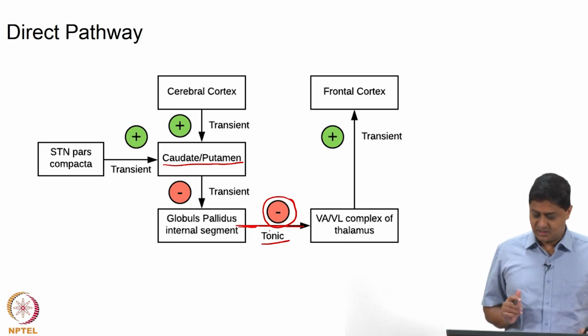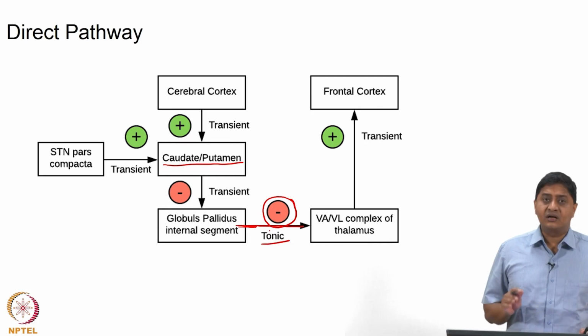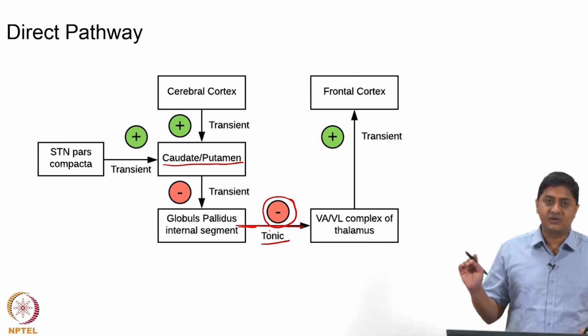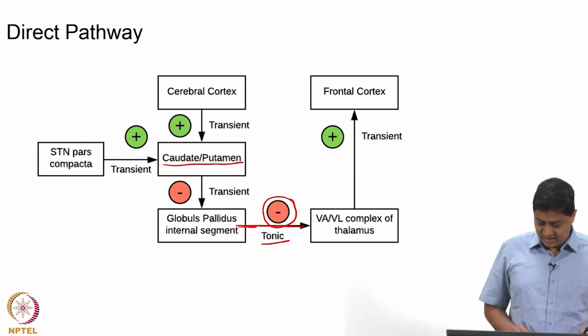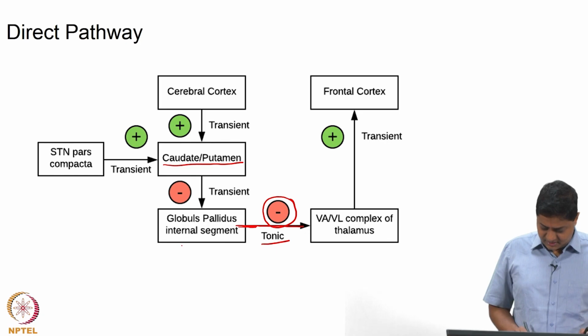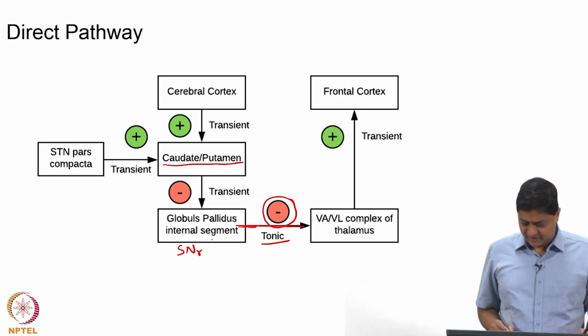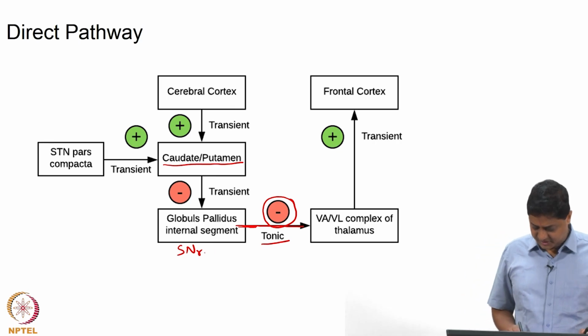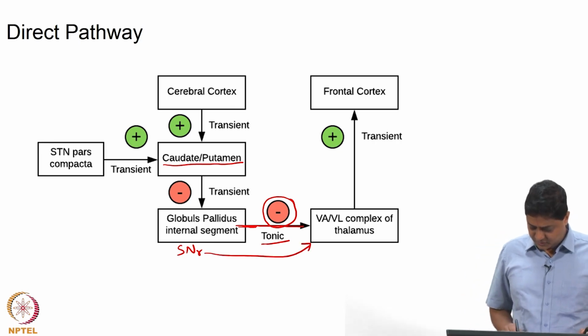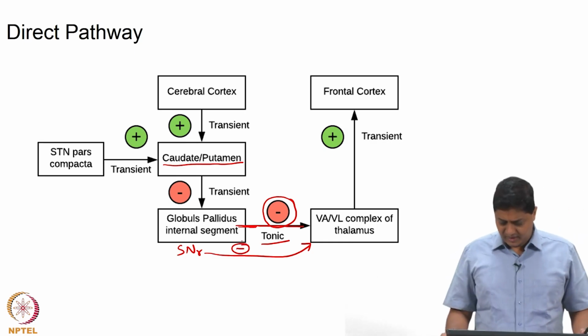That means there is going to be a constant inhibition of the thalamocortical neurons from the globus pallidus internal, or you can say the substantia nigra pars reticulata. Substantia nigra pars reticulata also sends tonic inhibition to the thalamus or maybe to other output structures.